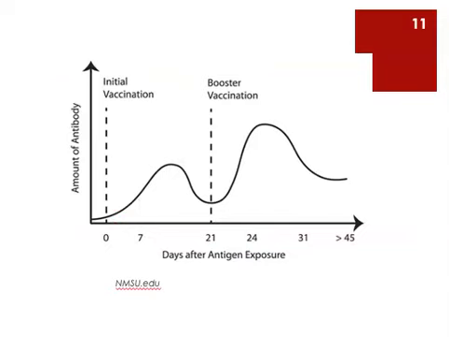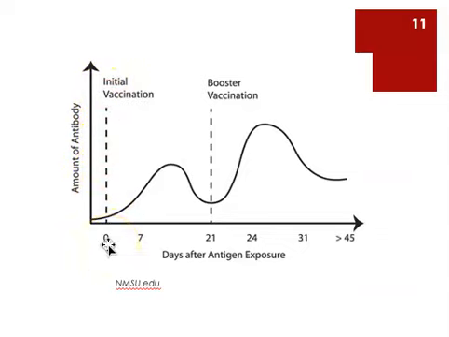On this slide, you're looking at a very simple graph that compares the days after vaccination or antigen exposure on the x-axis with the quantity of antibody produced on the y-axis. You can see that at day 0, the initial vaccination was given.